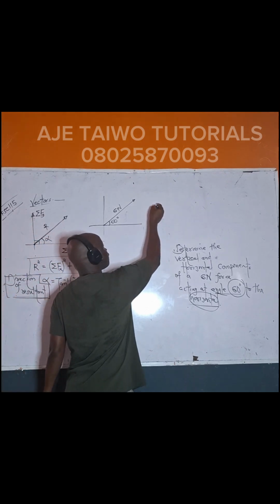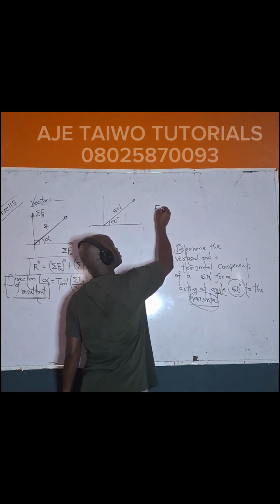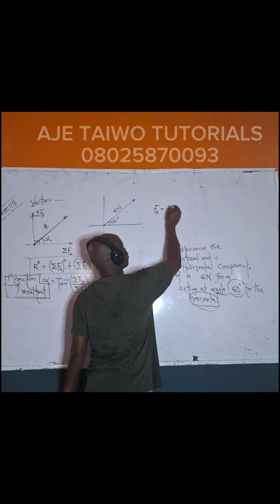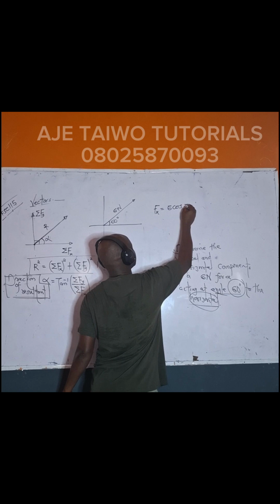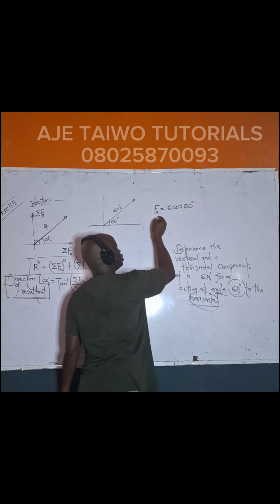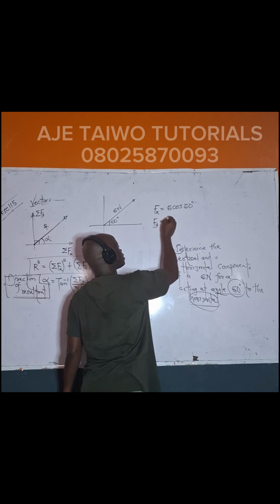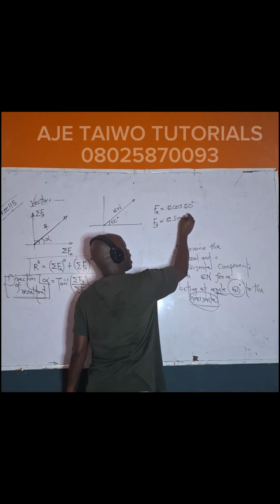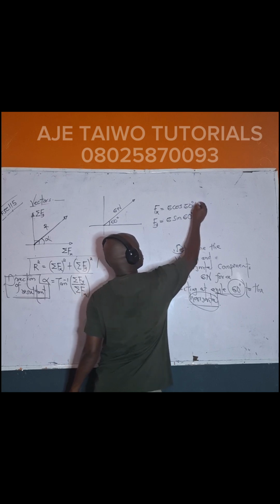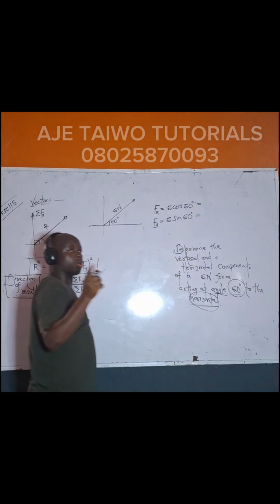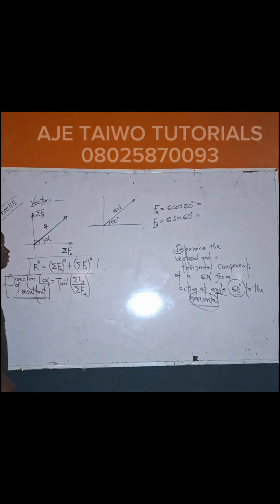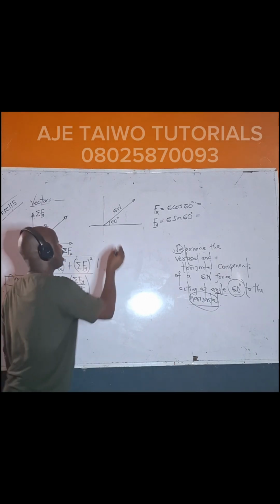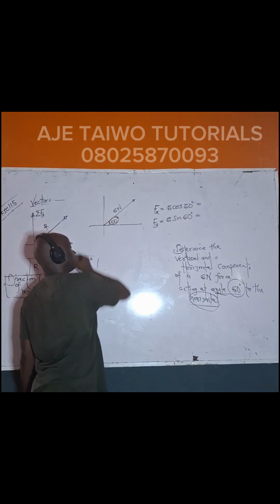How do you find your Fx? Your Fx is always that force cos of the angle. Your Fy is always that force sine of the angle. But make sure, class, hear me, make sure the angle is made with the horizontal.